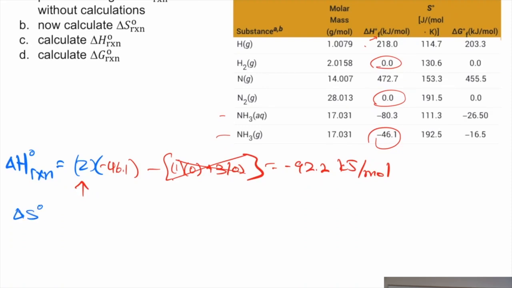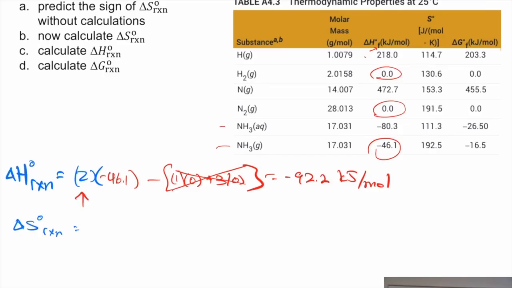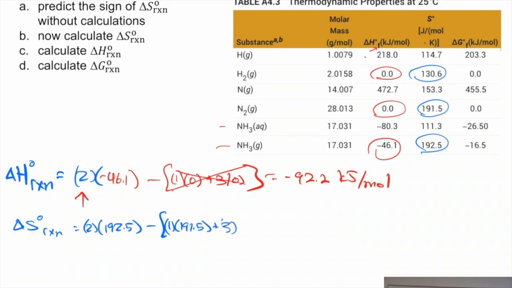Delta S of the reaction, now we need those same values. We need for the S column, all right, we need this value, and this value. So that's going to look like this. It's going to be 2 times 192.5 minus 1 times, now we need 191.5 plus 3 times 130.6.